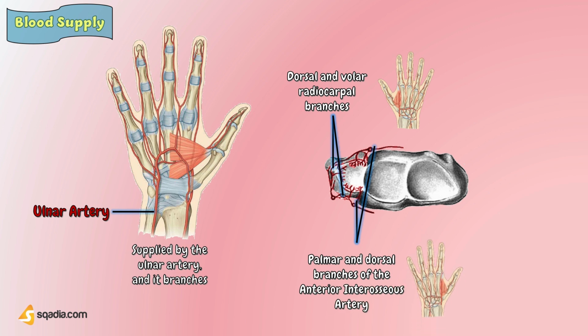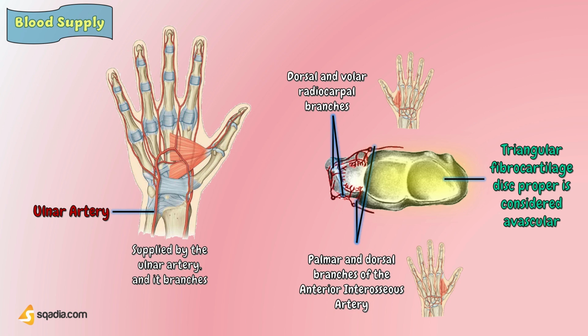Blood supply originates from the surrounding joint tissues and variably penetrates the triangular fibrocartilage complex. Although there are different degrees of vascular penetration observed, the inner portion of the triangular fibrocartilage disc proper is considered avascular. The blood supply is limited to its peripheral zone and resembles the knee meniscus vasculature pattern.